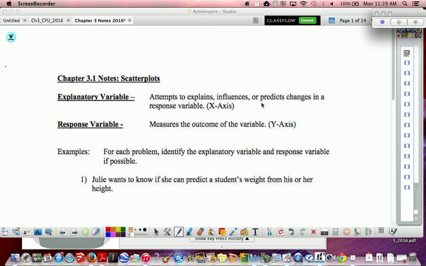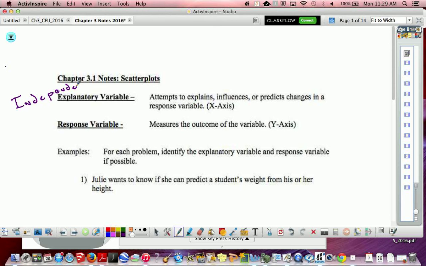The explanatory variable is often your independent variable. If you go back to some of your science classes, you'd have an independent variable and a dependent variable. Your response variable is your dependent variable. Its results depend on the independent variable.